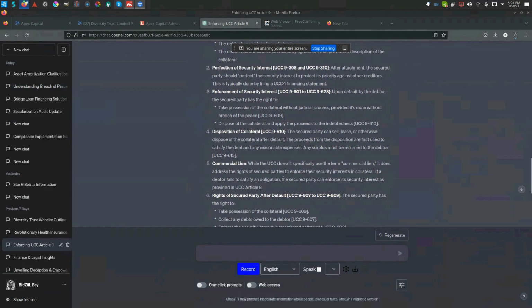The secured party can enforce its security interest as provided under Article 9. So even though there's no specific UCC that perfects a commercial lien, if I'm smart enough to use Article 9, then I can force the debtor into involuntary bankruptcy.